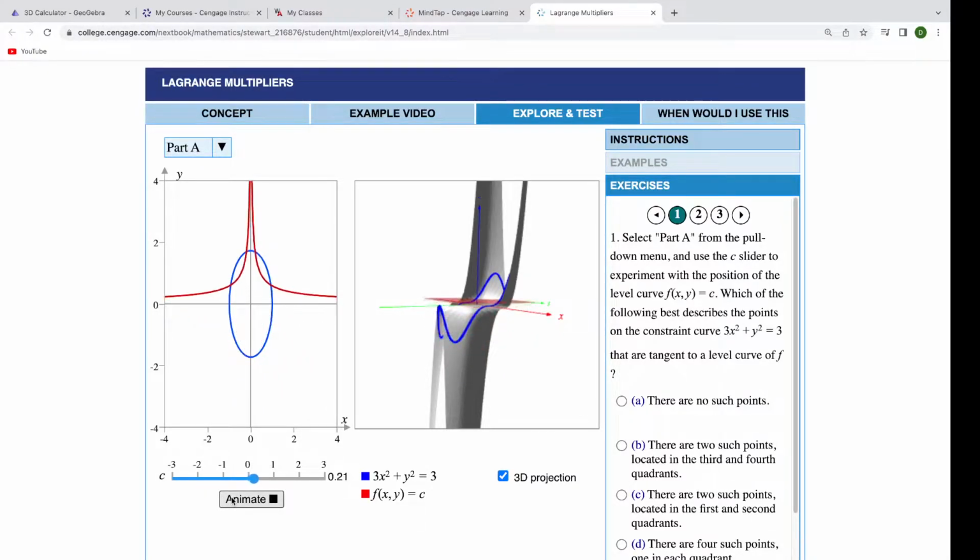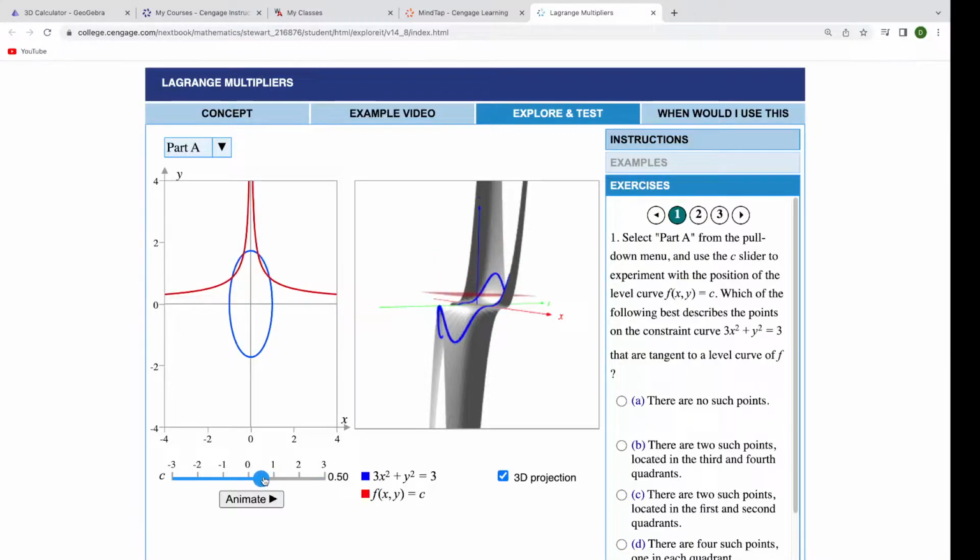What we're trying to find is the point where it's highest over that constraint. And what they've told us is the highest and the lowest can be found where the level curve for your function just kisses the constraint.